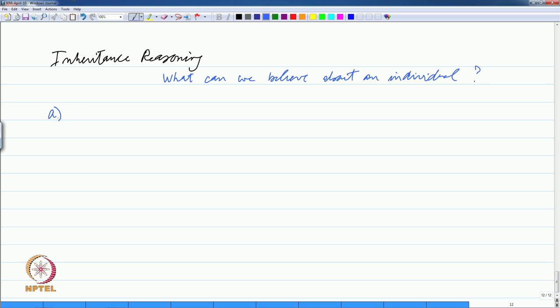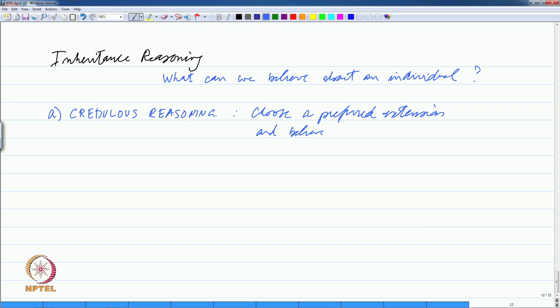The first kind is called credulous reasoning. It says choose a preferred extension and believe whatever it says.